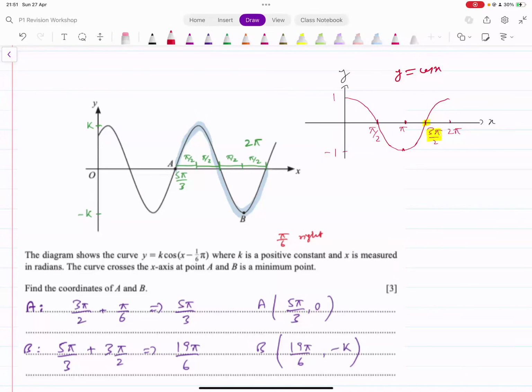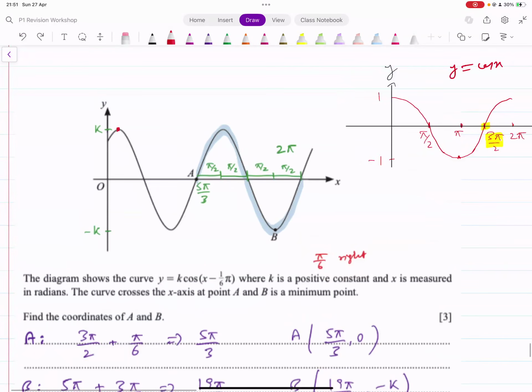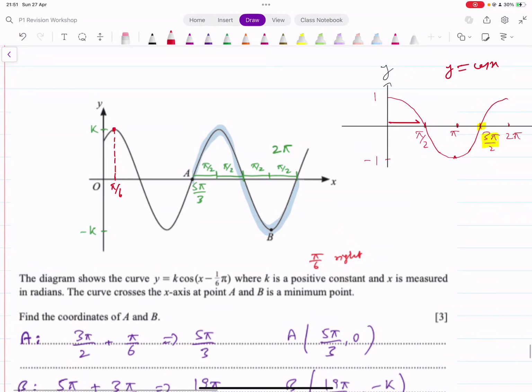Now, if you move it pi over 6 units to the right, what happens? This point, which was at 0 earlier, moves to the right, and it becomes pi over 6 here. So the graph moves pi over 6 units to the right like this. And then they're asking you to find this point A. How do you do that? How much is this distance? Pi over 2.